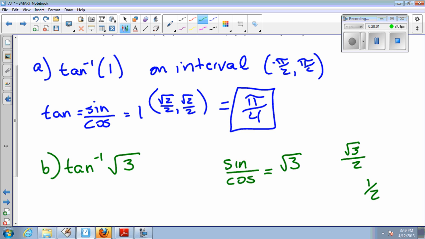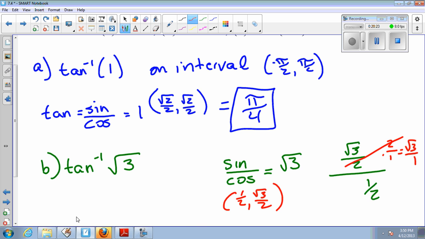Now we just need to know the order, which will need to go in the numerator. The root 3 over 2 does, because you will end up multiplying by the reciprocal, getting root 3 over 1. So our terminal point is 1/2, root 3 over 2, which occurs at pi over 3.